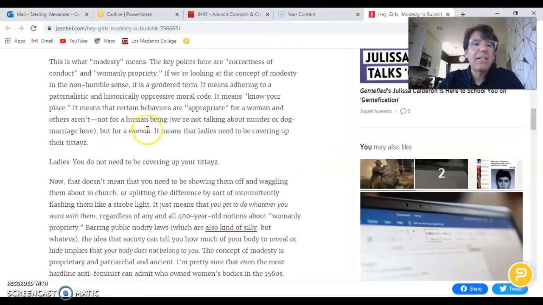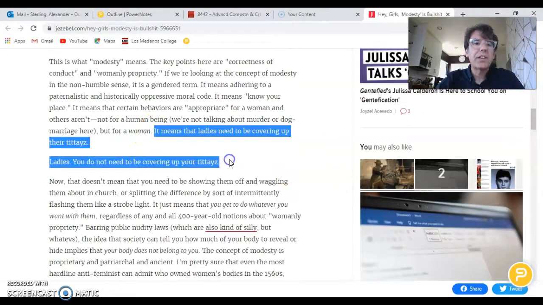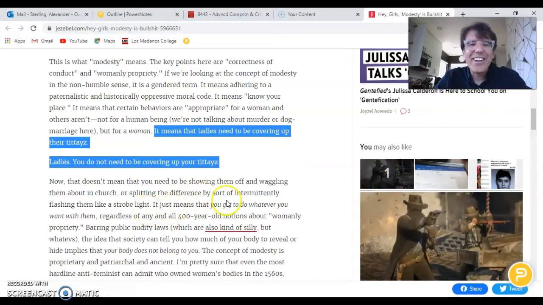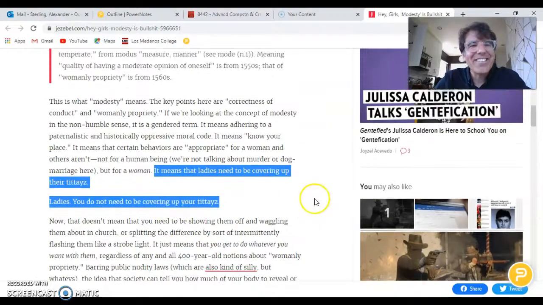And then we have some colorful language here that I will let you read. I'm shy about reading things like that out loud. This is, again, not scholarly language, but I think her writing is good in a way. I kind of like this article.